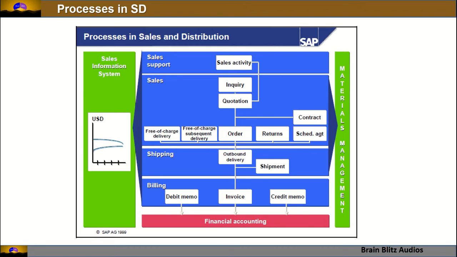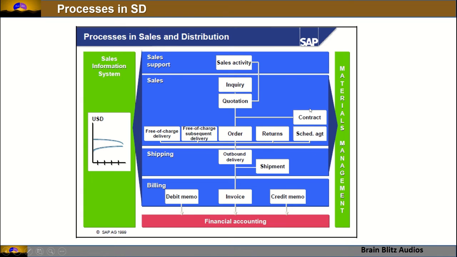Then all these processes, the invoice, credit memo, debit memo, generate some kind of accounting document. That is the reason, as you have seen, it integrates with financial accounting, or we can say the FICO module. It generates the accounting document, and that will be integrated with FICO. Here again, you can see the sales processes, or the shipping processes.